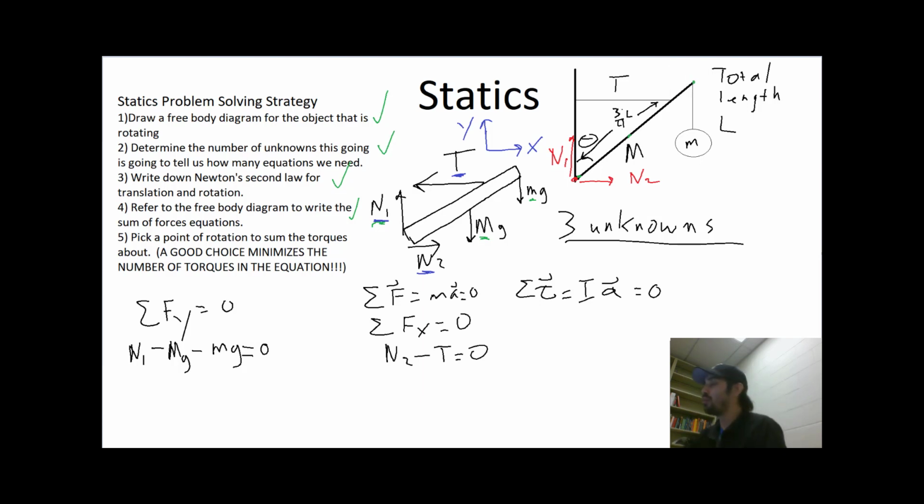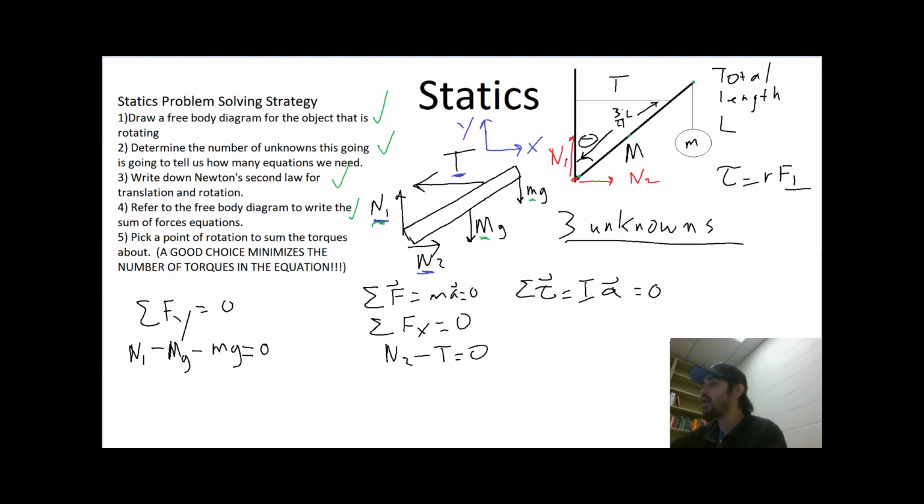Okay. So if I pick the point all the way at the top, that does minimize the number of torques in a way, because the torque in general, remember, is equal to r times F perpendicular. If I choose the point all the way at the top, then the small mass exerts a force at that point, so the distance to it is 0. So that gets rid of one of them.